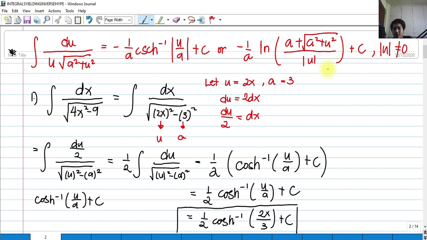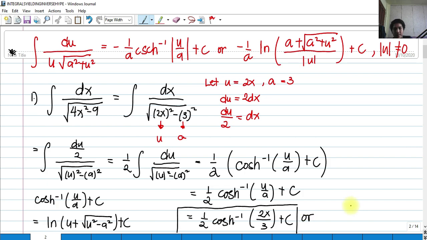As I said a while ago in our formula, the inverse hyperbolic cosine of u over a is equal to ln of u plus the square root of u squared minus a squared, plus c.